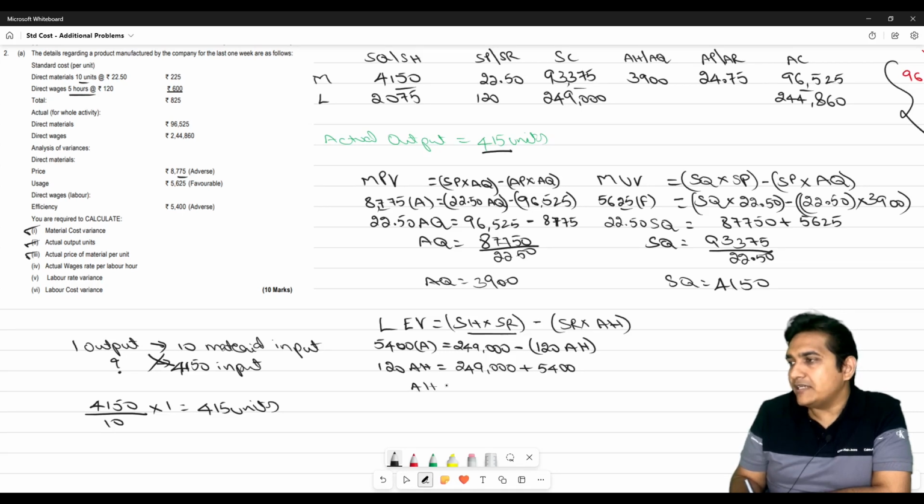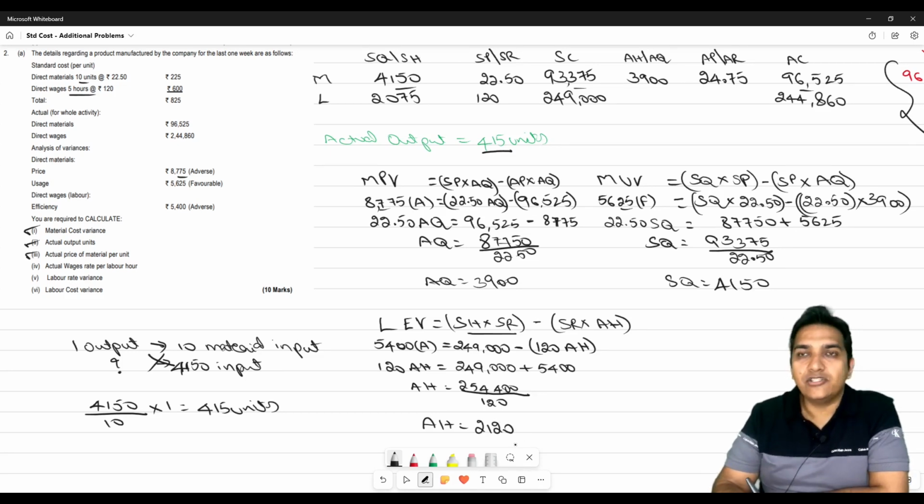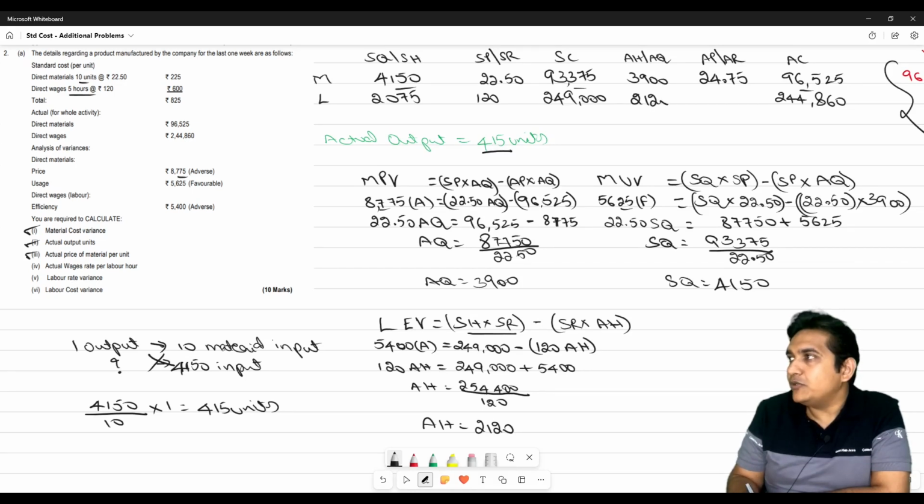So actual hours is equal to 2,54,400 divided by 120. Actual hours is equal to 2120.